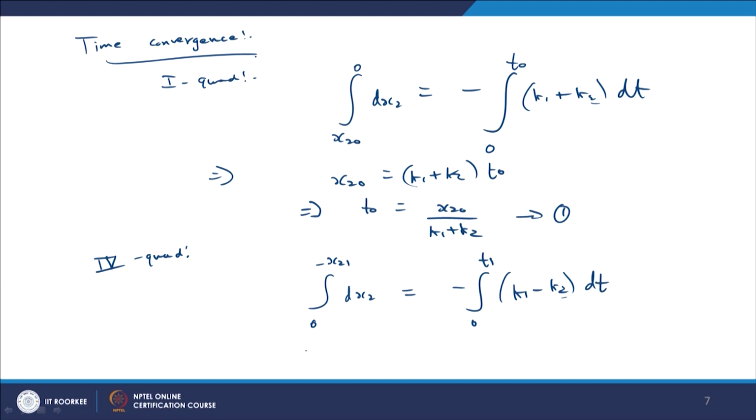This further gives the value of t1, which is equal to x21 by (k1 minus k2), say equation 2. Or we can take t1 equal to the modulus of x21 by (k1 minus k2), because whether x21 is negative or positive, it will give a positive value only, that is why we have taken the absolute value.